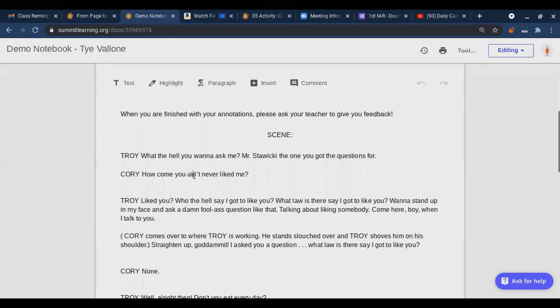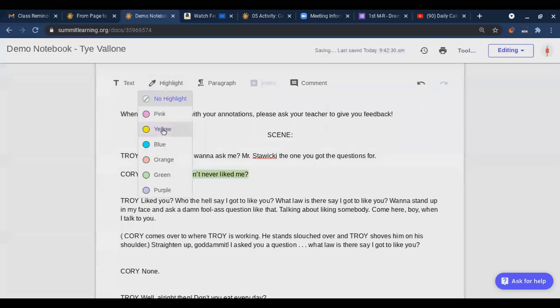So maybe I would highlight this phrase right here, right? And now we're annotating, right? So that means we want to take notes, so that we know what each thing means here.